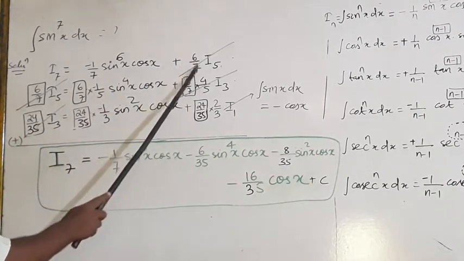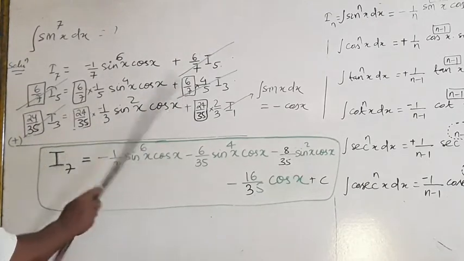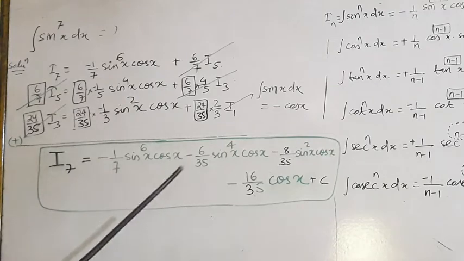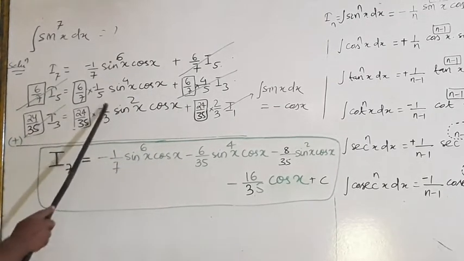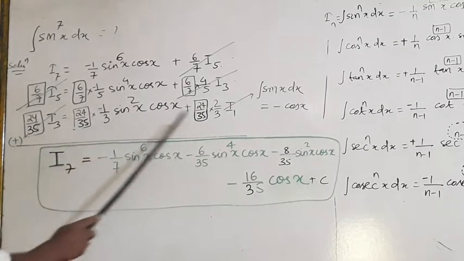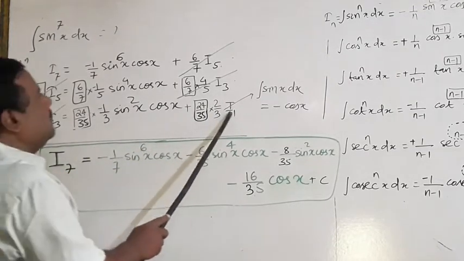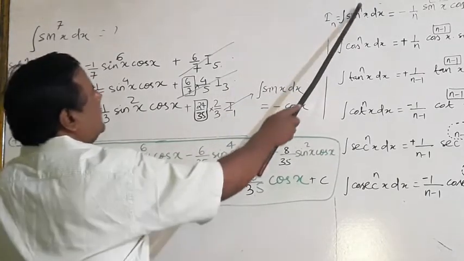Though it is 6 by 7 I5, so multiply 6 by 7 in each case. Then what is I3? I3 is minus 1 by 3 sin square x cos x plus 2 by 3 I1. But what is I1? I1 is sin x integration.